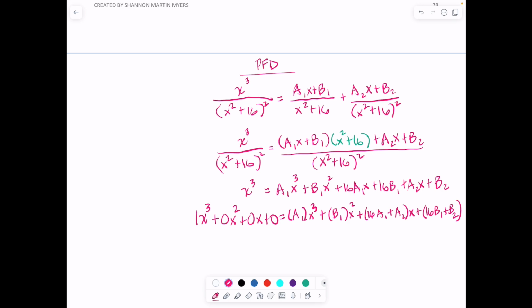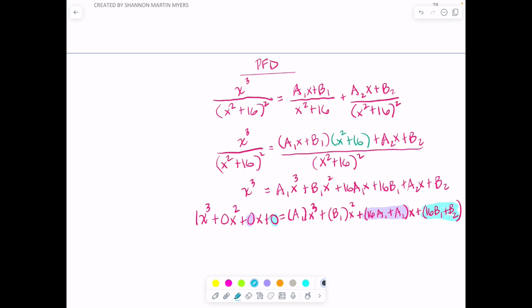Awesome. And so now equating, the constant on the left is a 0, and on the right is the 16b1 plus b2. The x coefficient is 0 on the left, and on the right it's 16a1 plus a2.